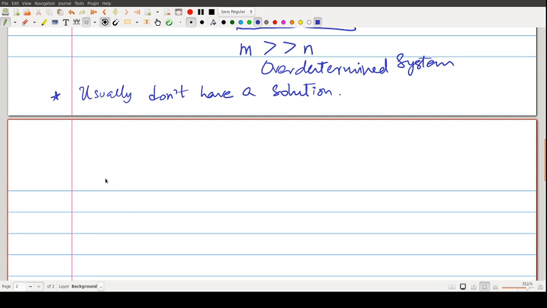If Ax equals b can't be found, where x belongs to the n-dimensional real space and b belongs to the m-dimensional real space, notice that A can be seen as a linear transformation from R^n to R^m.